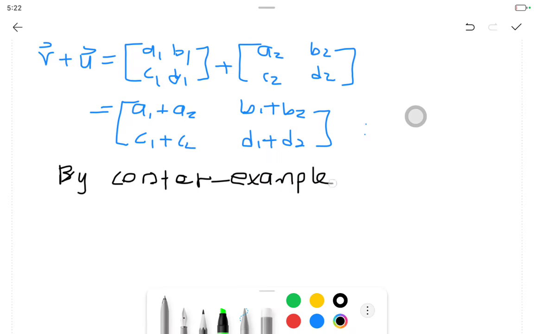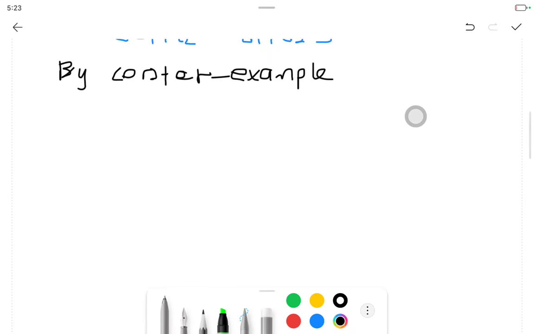By counter example. If I come and say by counter example, I'm going to let V be equal to, if I want to have these two multiplied and I get 0, that's the only way: one of them should be a 0, you see, right? And then let's say this is 1, 1.